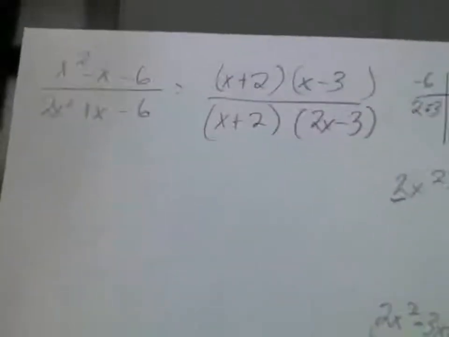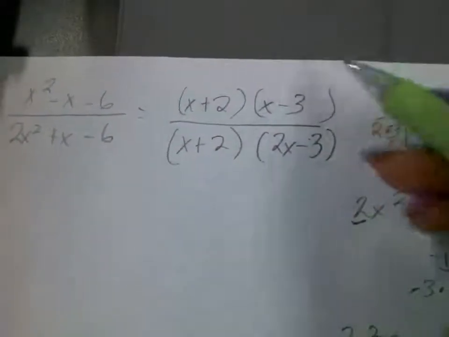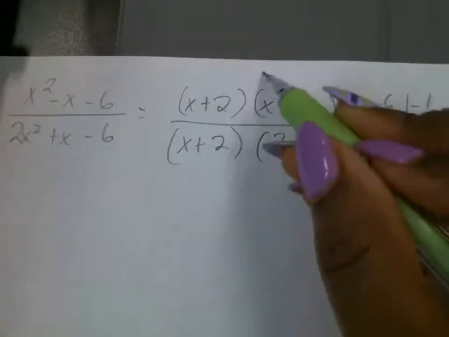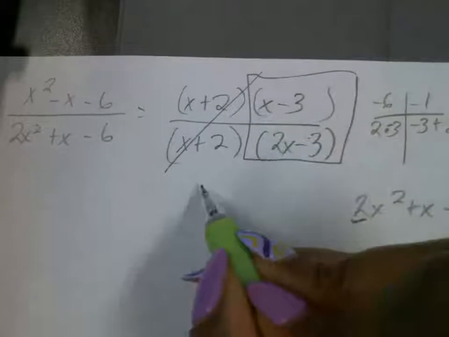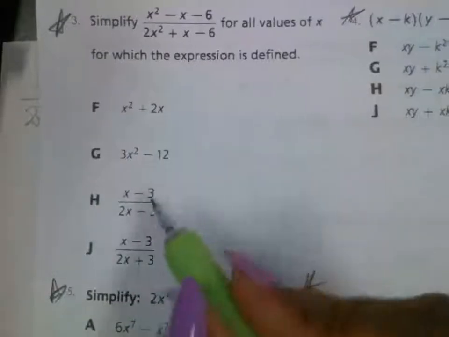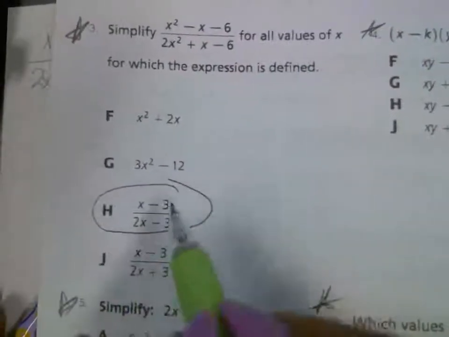Okay. So now look, these cancel out, and I'm left with this. So the answer choice there is going to be this one right here, H. That's our answer. Okay.